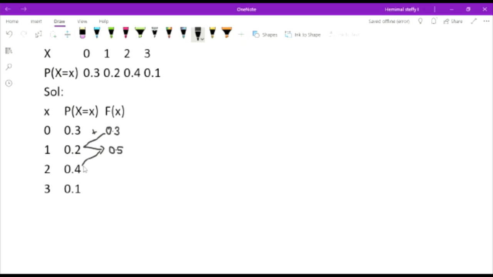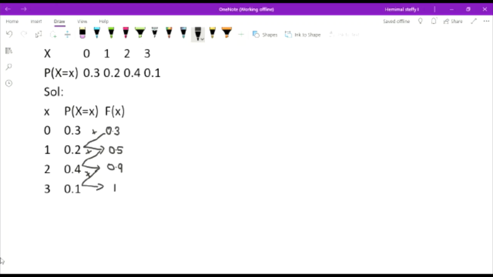I add 0.5 with 0.4. It gives 0.9. Next I add 0.9 with 0.1. It gives 1.